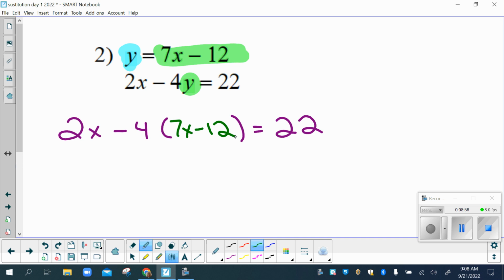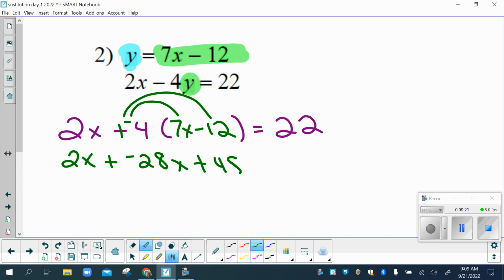Couple things I'm going to give you a hint on. I want to make sure you remember that negative is attached to the 4. So when you go to distribute, take that negative with him, right? That's a really common mistake. So 2x plus, watch where he goes, negative 28x, negative and a negative is positive 48 equals 22.